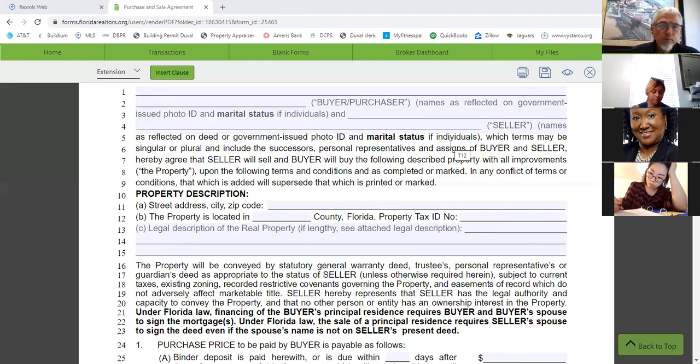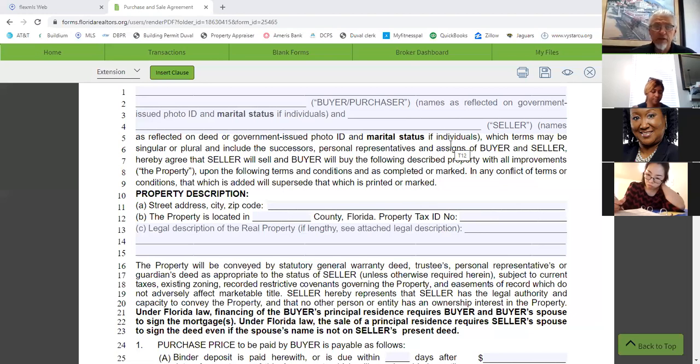Okay. I hereby agree that the seller will sell and the buyer will buy the following described property and all improvements upon the following conditions, and completed marks and conflicting conditions that will be added to supersede that which is originally printed or marked. So if you're marking something up, if your buyers or sellers are changing something in the contract, then it's going to supersede the original language in the contract.